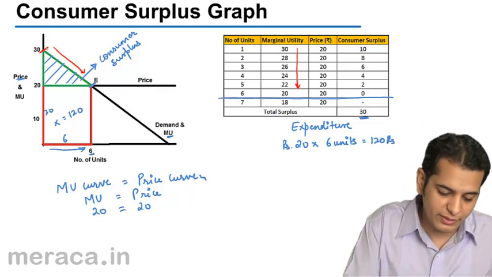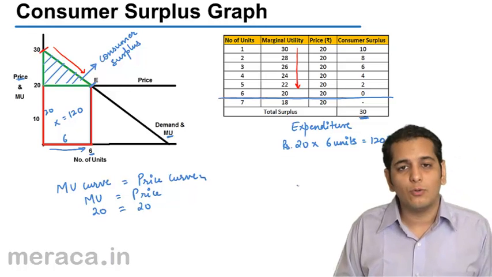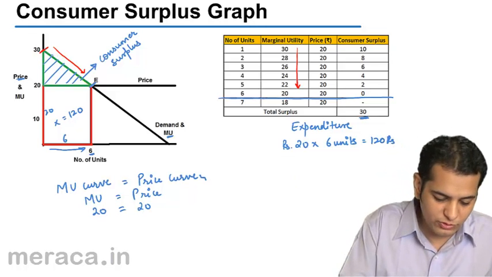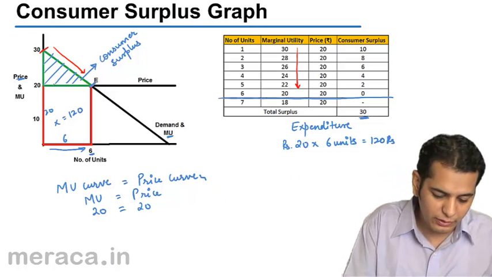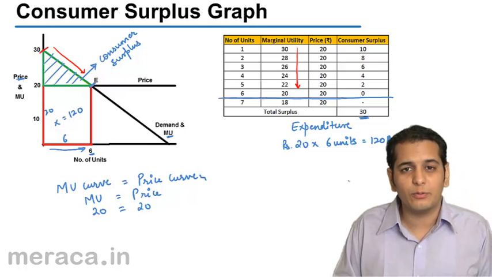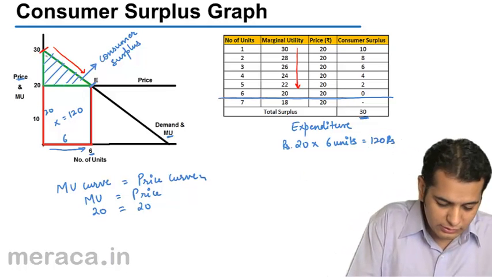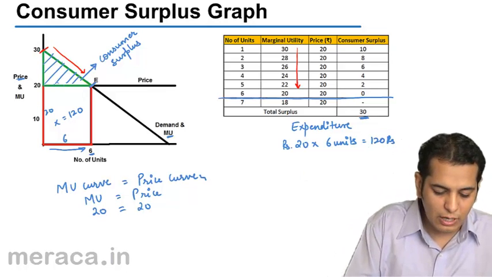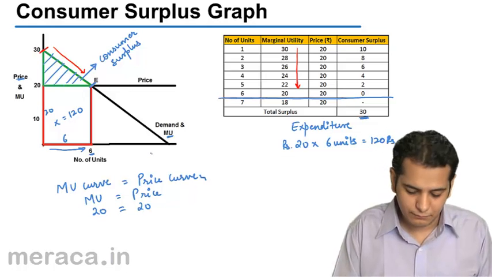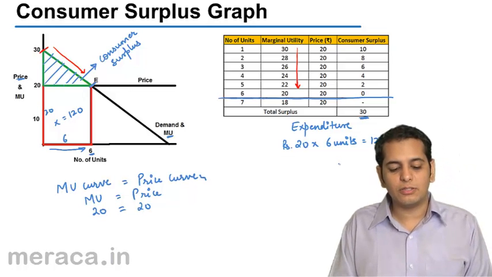The consumer was ready to pay 30, he paid only 20. The consumer was ready to pay 28, he paid only 20. The consumer was ready to pay 26, but he paid 20 for all the goods. So this portion, which is outlined with the green ink, shows consumer surplus.